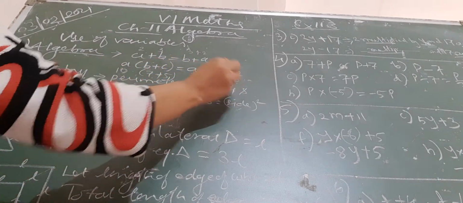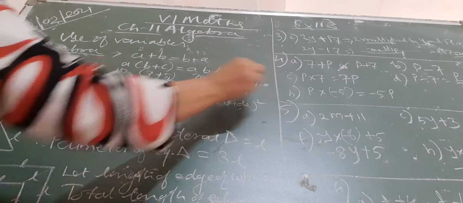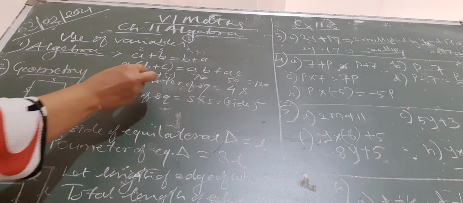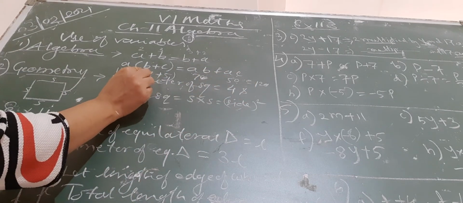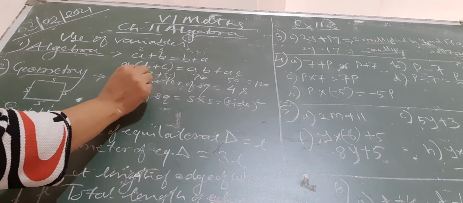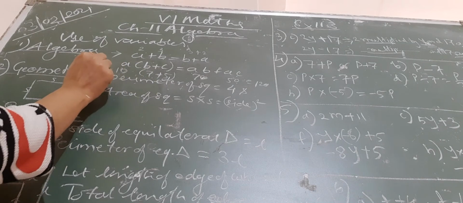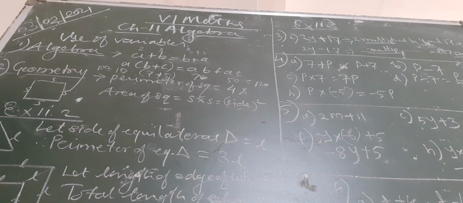So 70 plus 50 gives 120. Now if instead, you add first, that is 12 multiplied by 10, the result also comes 120.